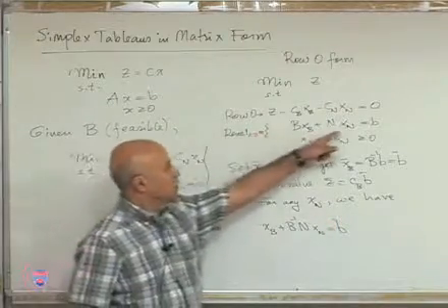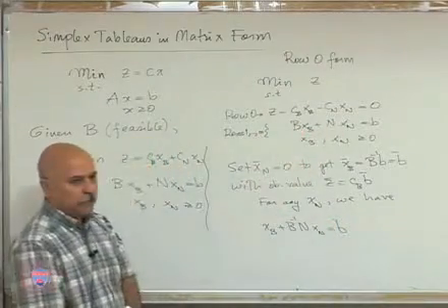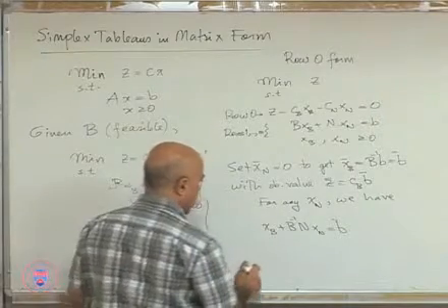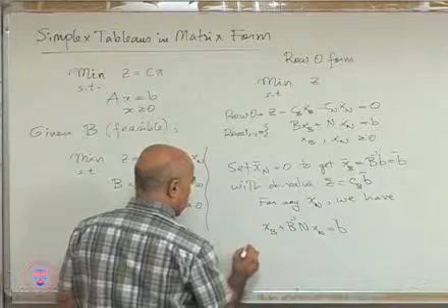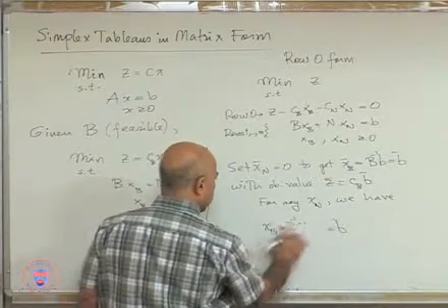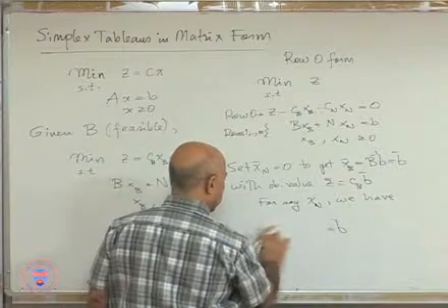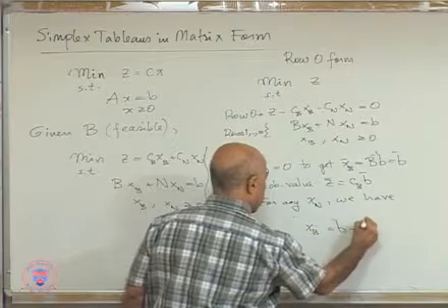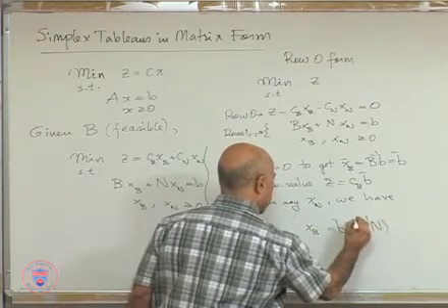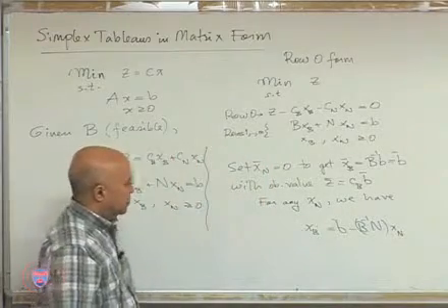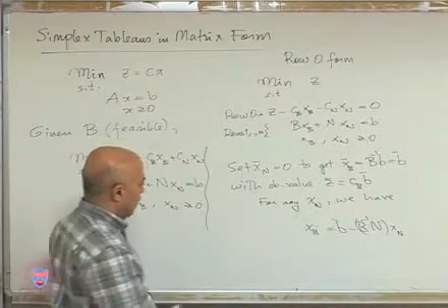That's what the equations give you, except row 0. Okay? And which, of course, upon transferring this to the right side, will give you simply the dictionary form that looks in this particular format. Okay? All right.